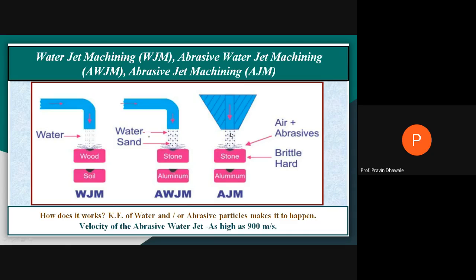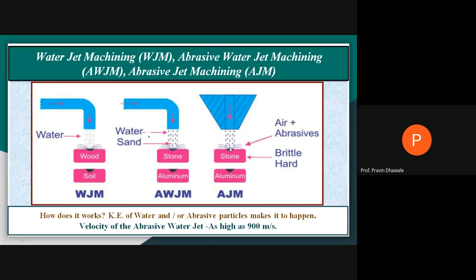So what is an abrasive? These are small particles of metal with sharp tips and sharp edges. Such particles are called abrasives.